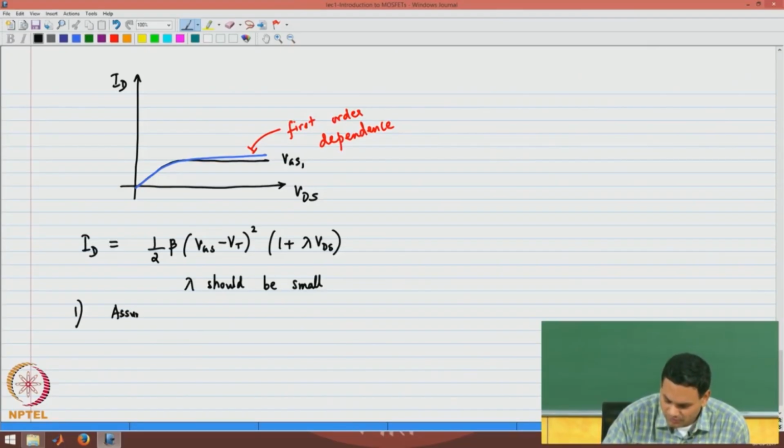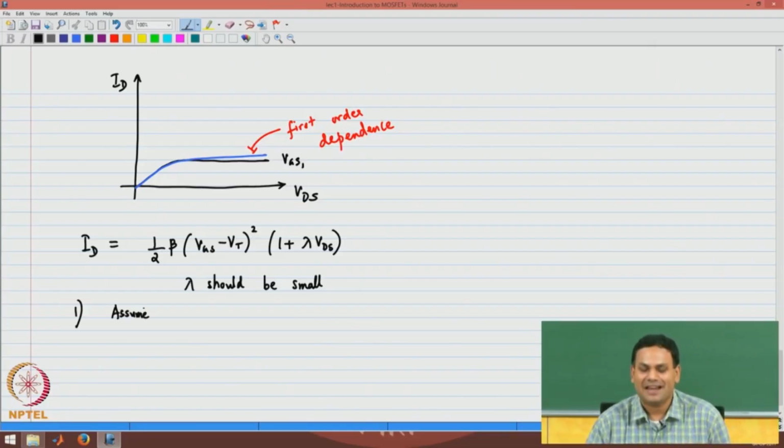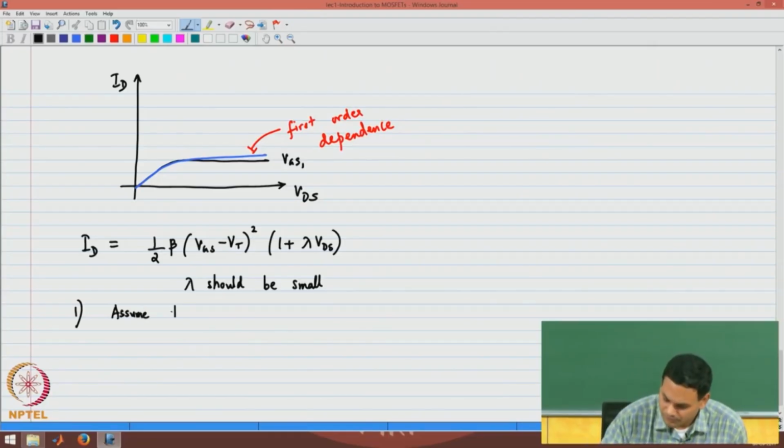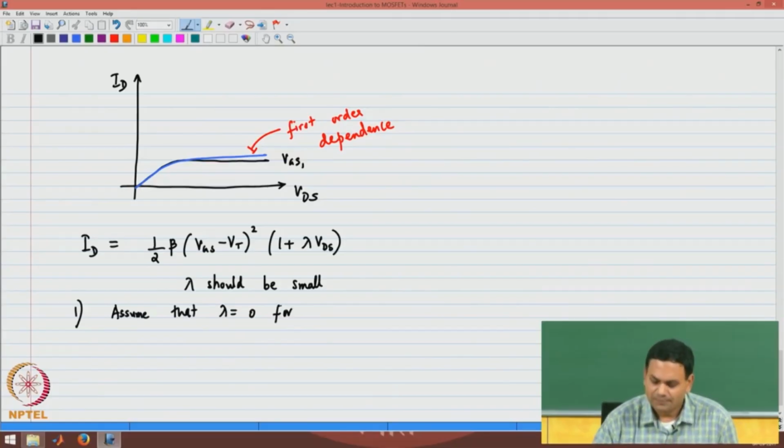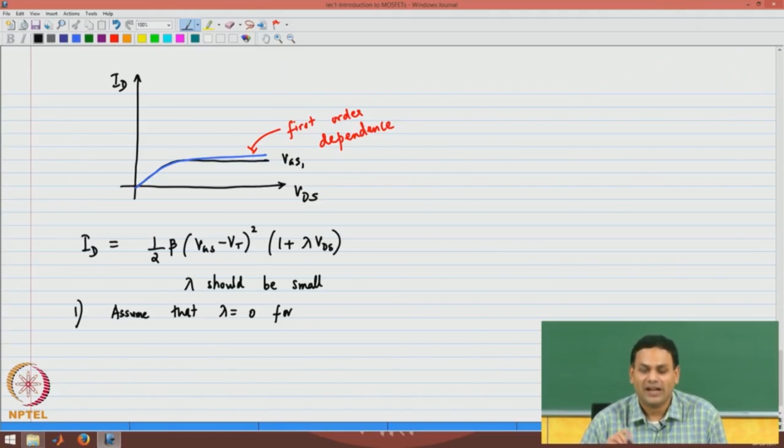To make things much easier for us, since lambda is very small, we will assume that lambda is equal to 0 only for the operating point calculations.